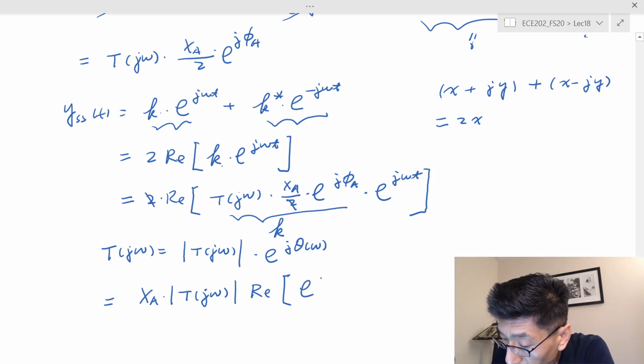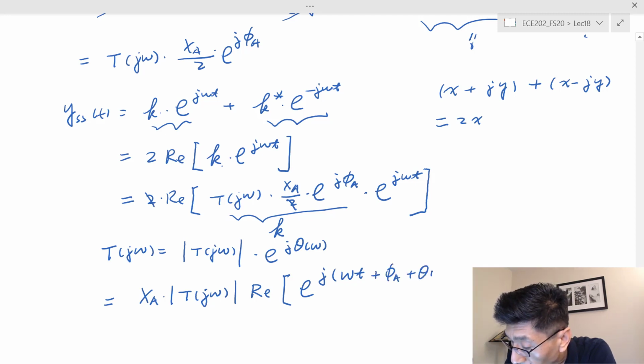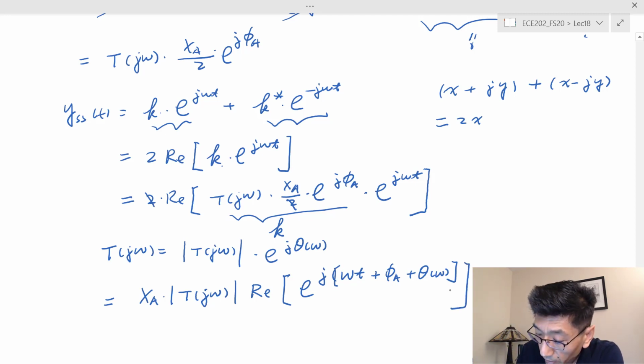All the exponential terms have the same base, so that's the sum of the exponents: omega t plus phi_a plus theta(omega). Now we're going to use the Euler identity again.